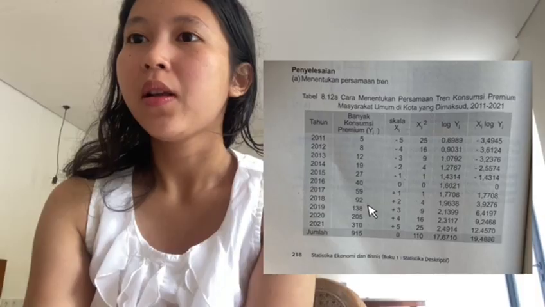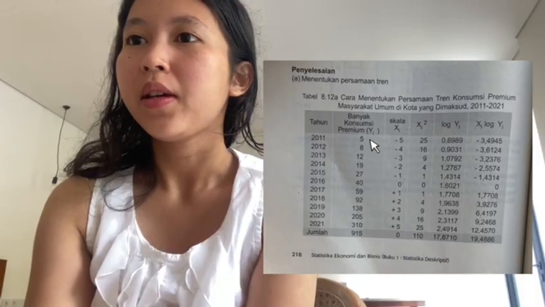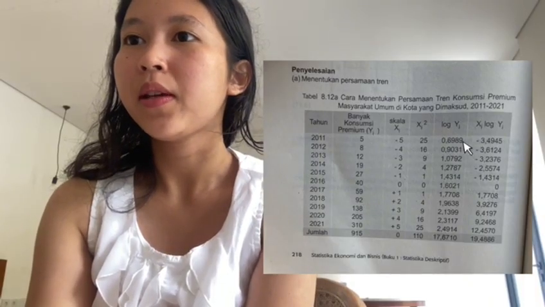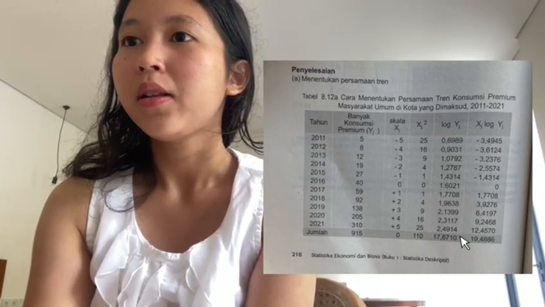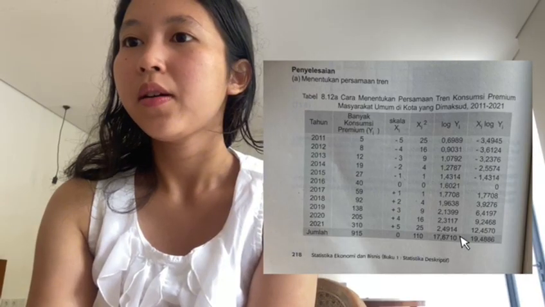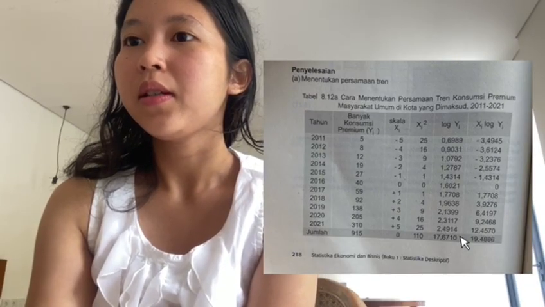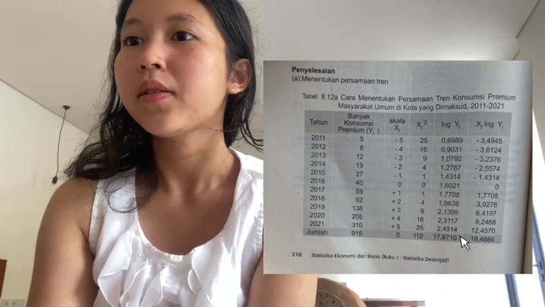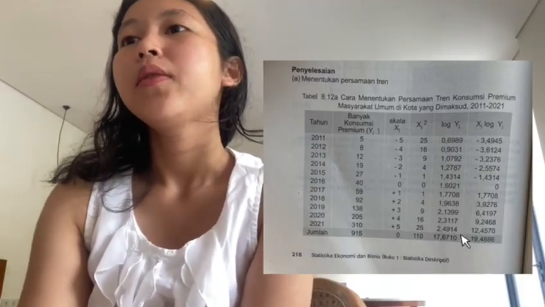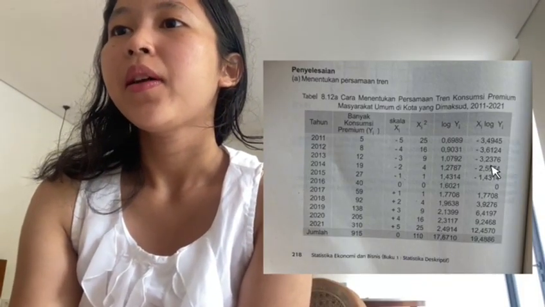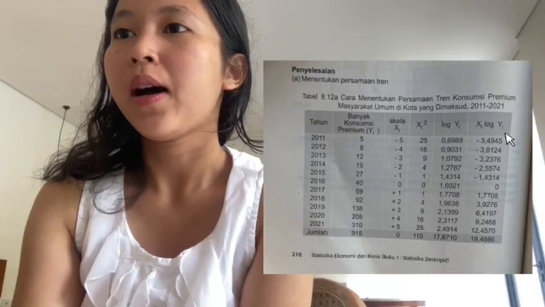For example, log 5 is 0.6989 and so on. And then we got the sigma log yi here, 17.6710.